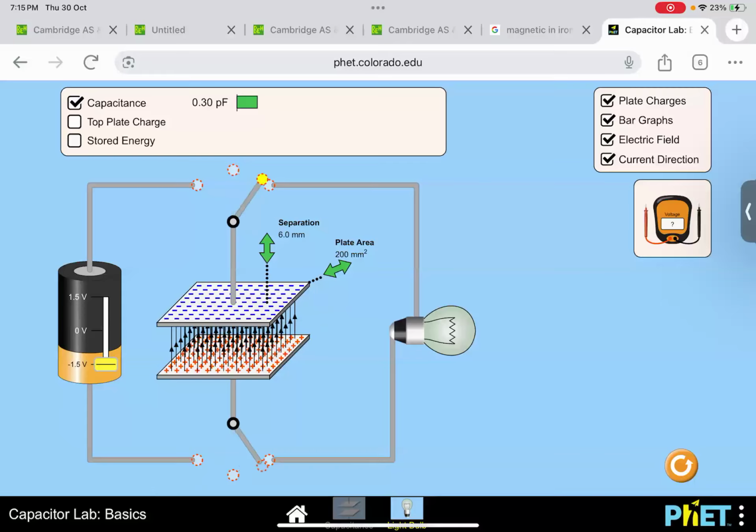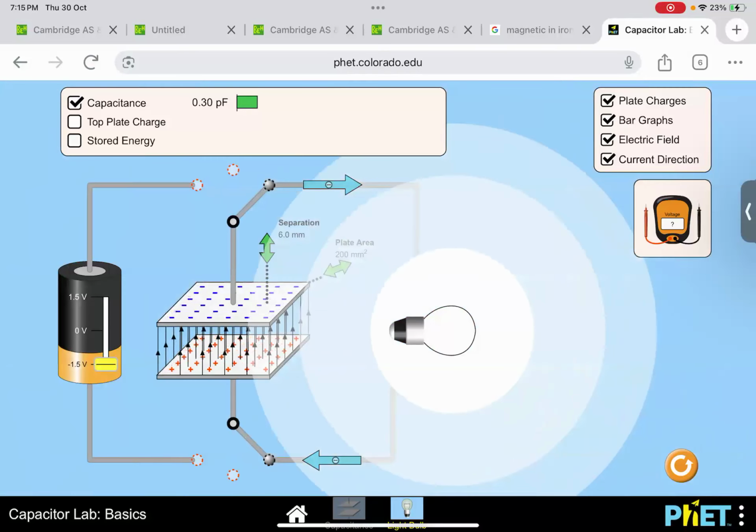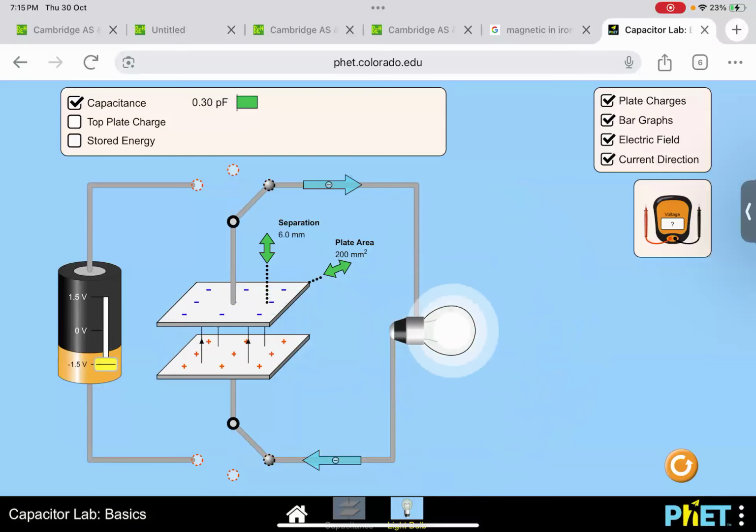So if I connect it with a bulb, it is going to provide you the discharge path, okay, and all of the charge is going to discharge through that bulb, okay, look, down to zero, right?